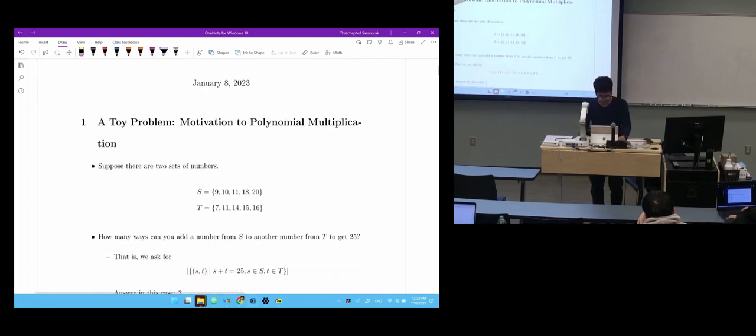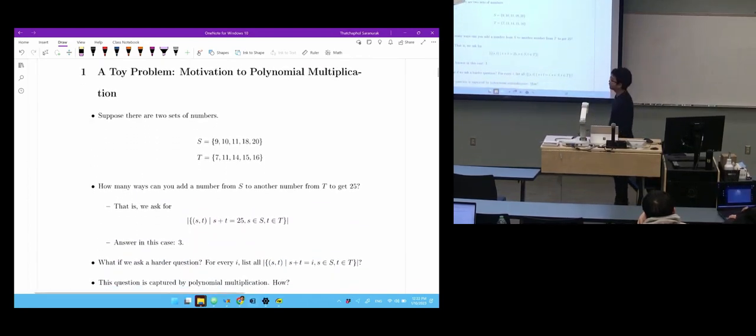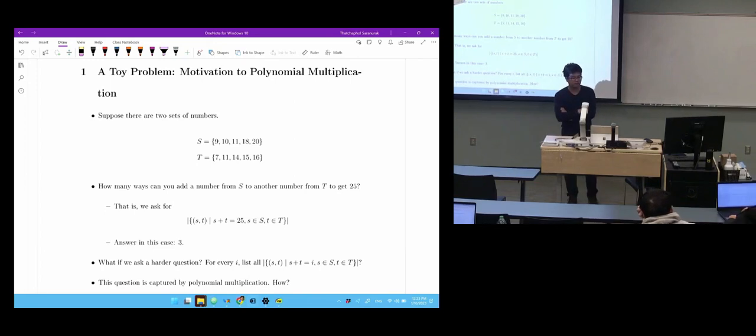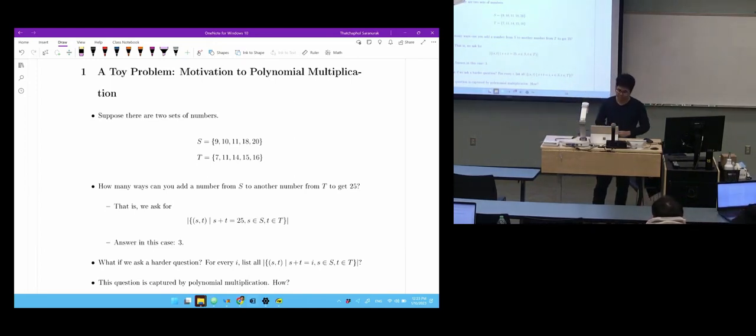Okay, a toy problem. Suppose that you have two sets of numbers, a set S and a set T. It just contains a bag of numbers. Suppose that you want to know how many ways you can pick one number in S and one number in T so that they add up to some fixed number that you want. Let's say 25.